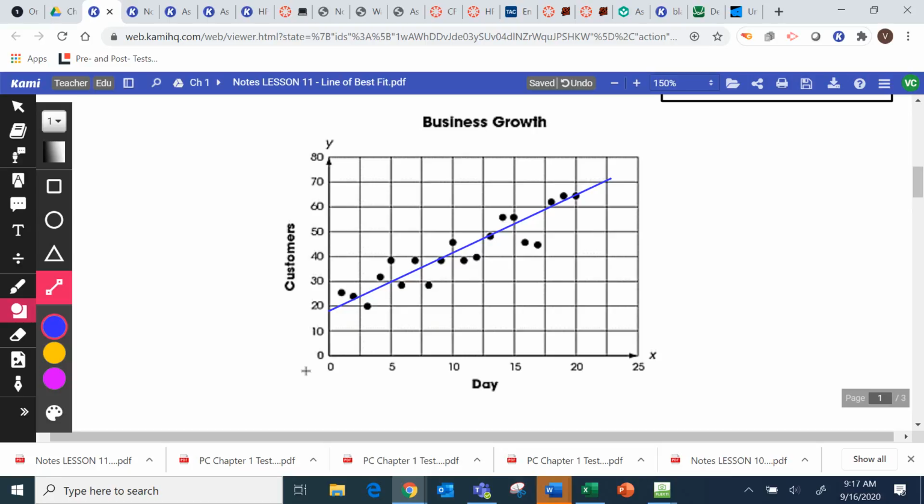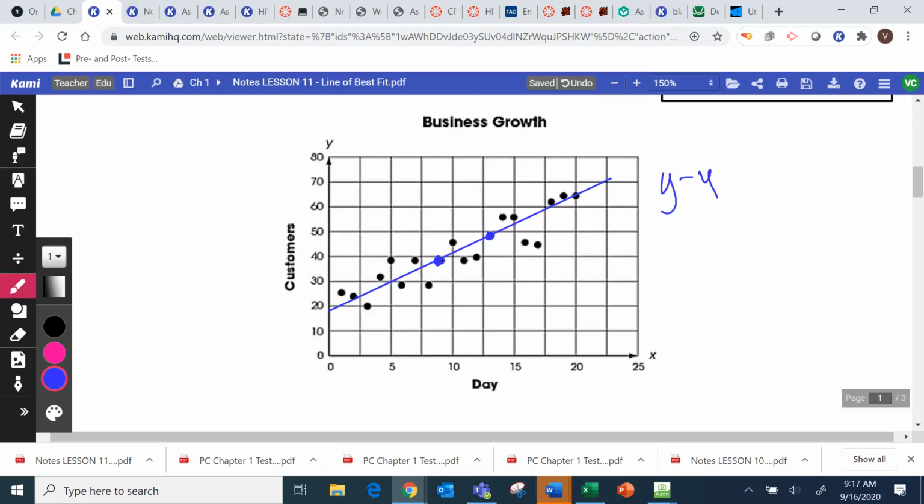So we're looking at kind of an average line in there. And then from there we would have to, and I'm saying have to because we're not going to do this, take 2 points that are on that line or really close to that line, and then we would use y minus y1 equals m times x minus x1 to approximate the line of best fit.